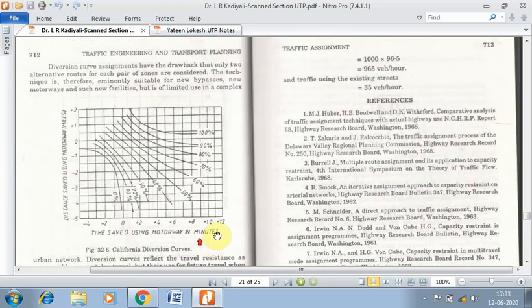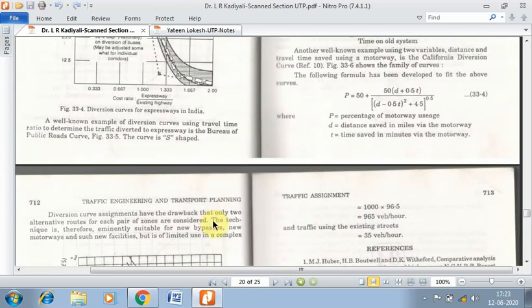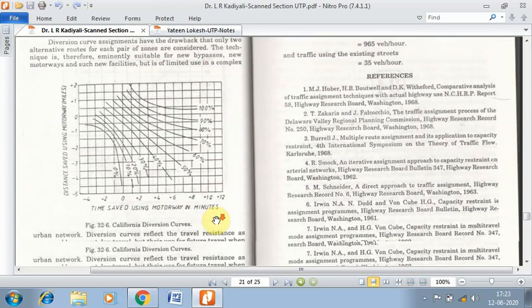Using this equation of the Bureau of Public Roads, you need to find the value of TR raised to 6, or just TR. This is the time required to travel from origin to destination along the new facility, and this is the time along the existing or old facility.